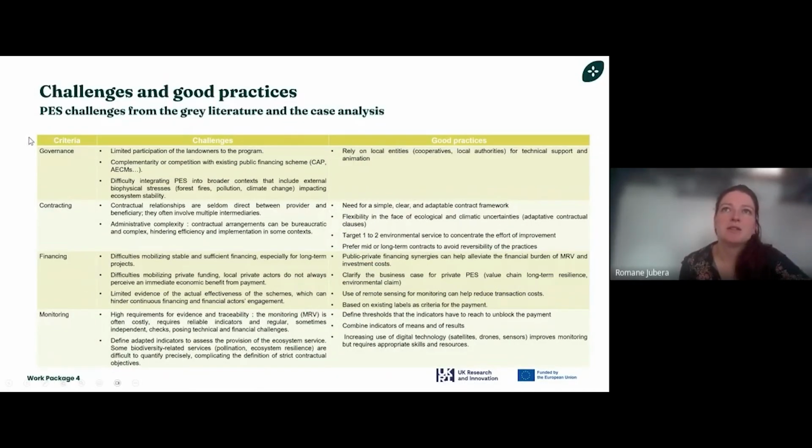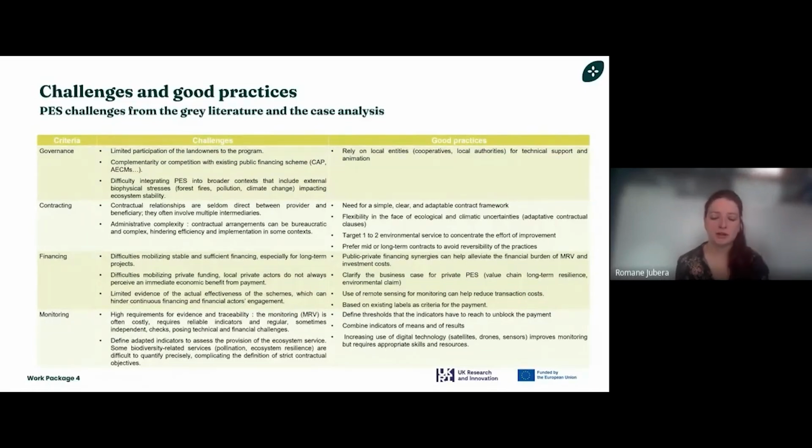Regarding governance, one of the challenges that we can mention is the limited participation of the landowners in the program. Also, there is sometimes complementarity or competition with existing public financing schemes, and so a doubt arises regarding the fact that we could pay double for ecosystem services.